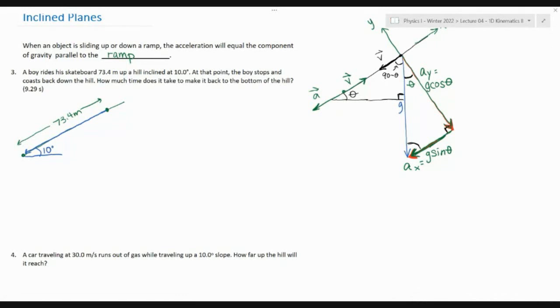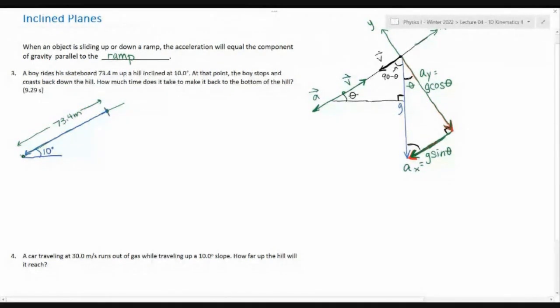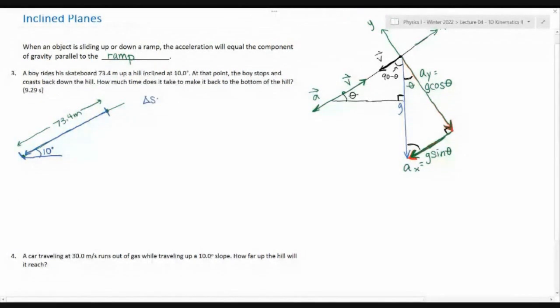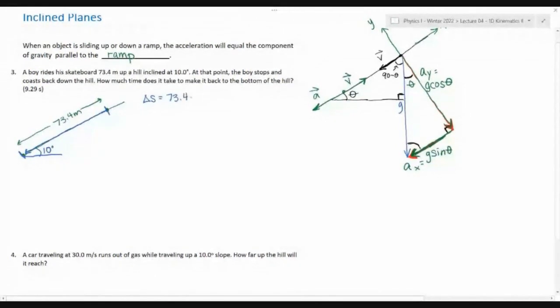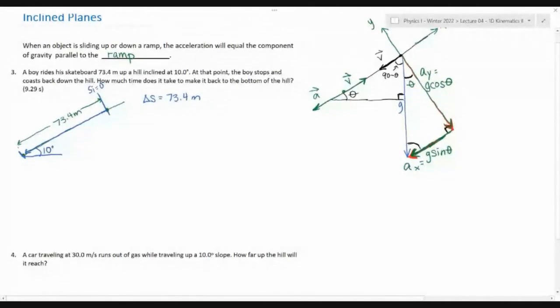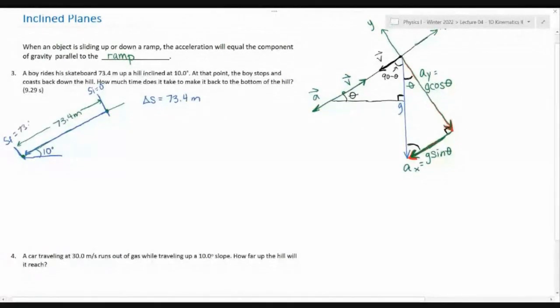Okay, so what do we know in this question? He started off here, he ends up here. So what does that tell us? What's that 73.4? Yeah, that's our delta S. If you wanted to, you could have also said this is my initial position is 0, and my final position is 73.4.